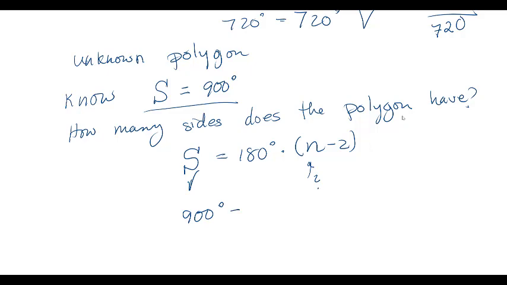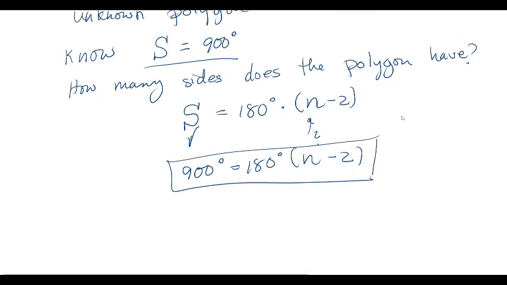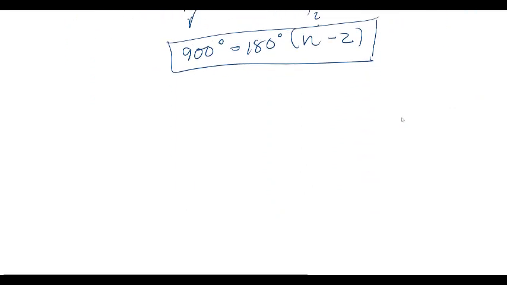We have 900 equals 180 times n minus 2. This is an equation, right? But we have a variable here that is n. So we don't have x this time. Our variable is n, and it happens to be the number of sides. Okay, now we can use this equation to solve for n, just like any other linear equation.